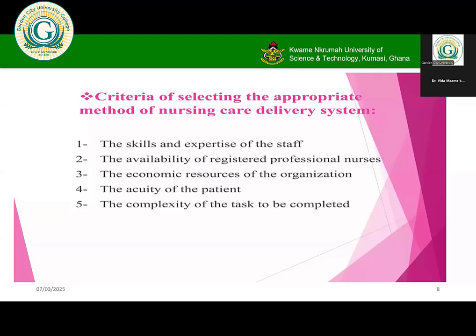When you want to select the type of delivery, the model, you need to consider these criteria: the skills and expertise of the staff, the availability of registered professional nurses, the economic resources of the organization, the acuity of the patient, and the complexity of the tasks to be completed.